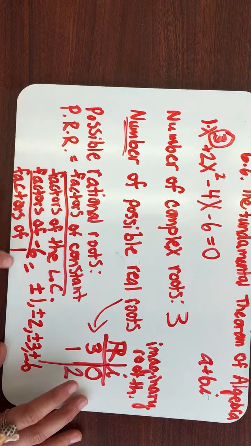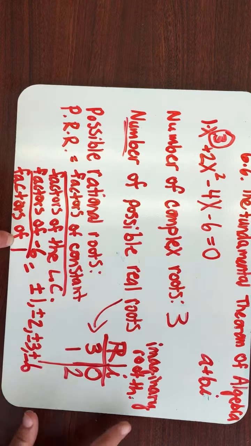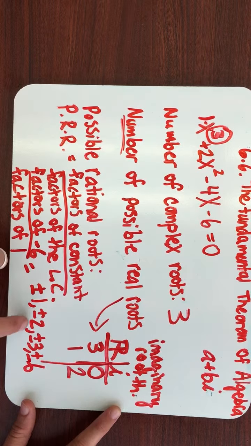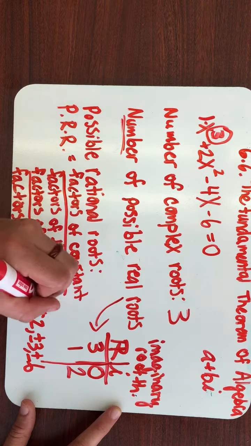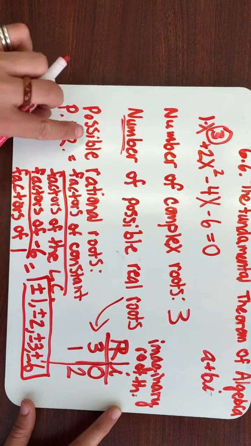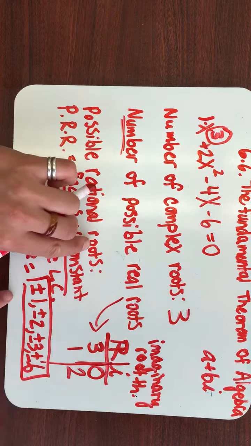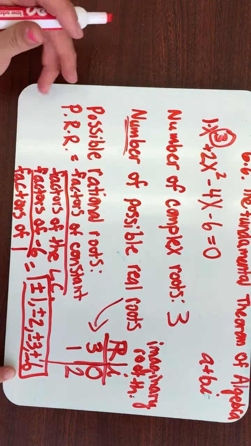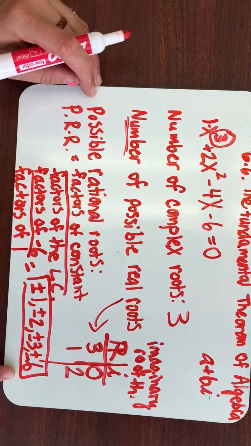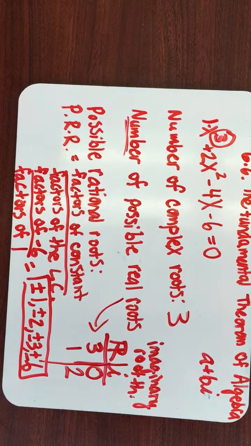And we would divide all of this by the factors of 1, but since that's a 1, it's not going to change anything when you divide by 1. So these are the possible rational roots, meaning this is where it could cross your x-axis. Okay, so that's all that problem asked for.